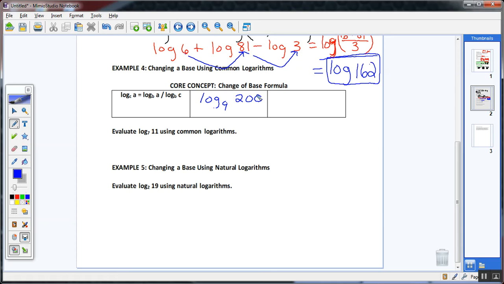How did we evaluate this? This is the same as 1 over what? In your calculator, log 200 over log 9. This is the same as log, and when we don't put a base down here, we assume the base is what value? 10. So we're going to assume 10 right here. Log base 10, 200. Over what, kids?